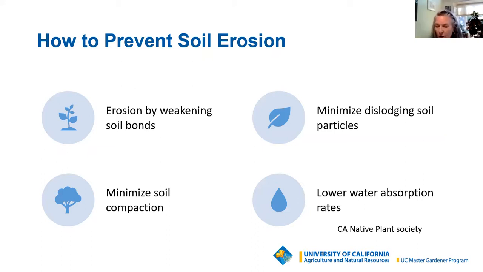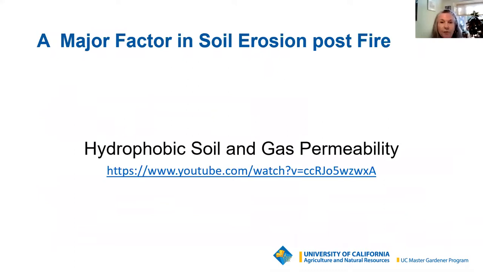Now we're going to transition to specifics following fire. A major factor in soil erosion is hydrophobic soil. If this applies to your property, we'll spend a few minutes covering the highlights. It is well worth watching a video on the next tiny URL. It's a YouTube video on gas, and how, when you burn the plants, there's a gas that's emitted, and that gas is what goes into the soil, especially at high fire temperatures like we had with the Camp Fire.